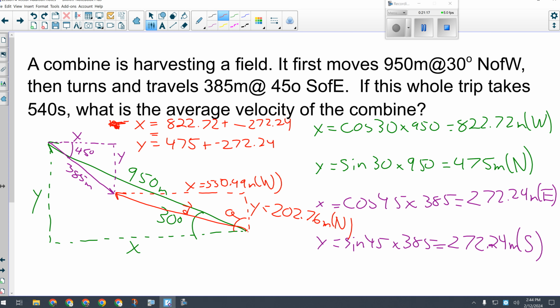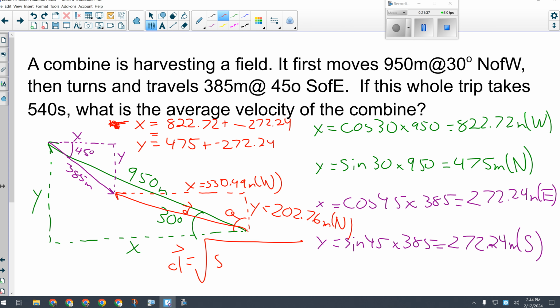Have I done anything different on this question than any of the other ones? Nothing. Exactly the same steps on all of these. So now, if I want to find my overall displacement, which is the hypotenuse of that red triangle, I'm going to use the Pythagorean theorem.